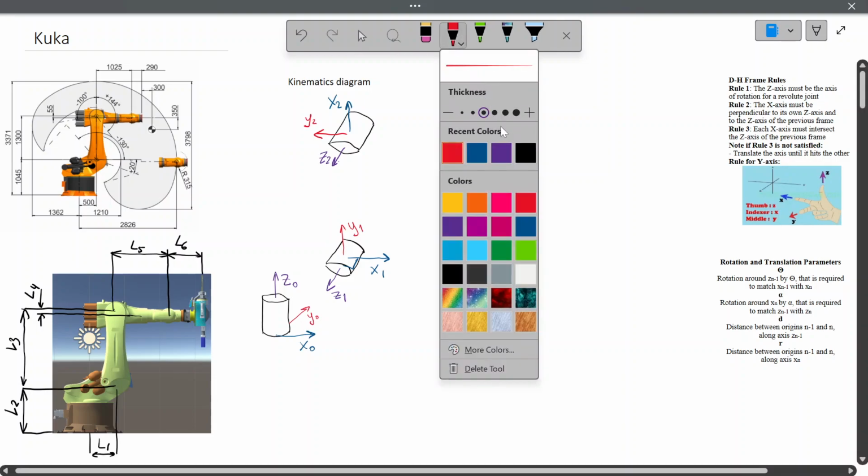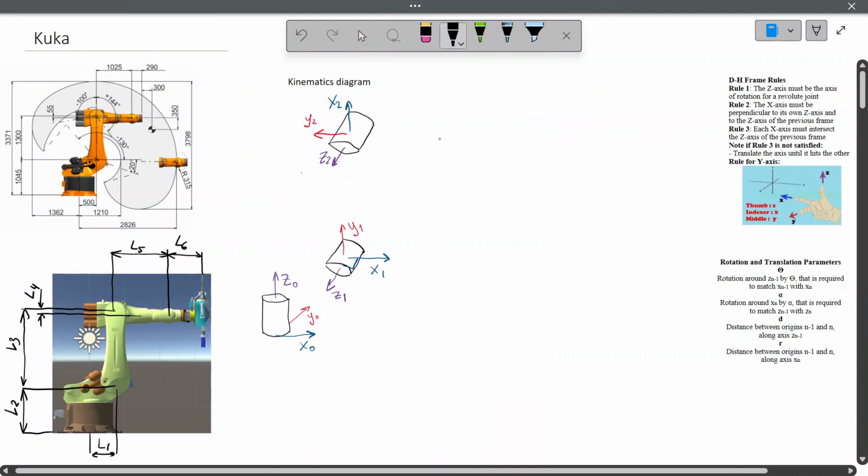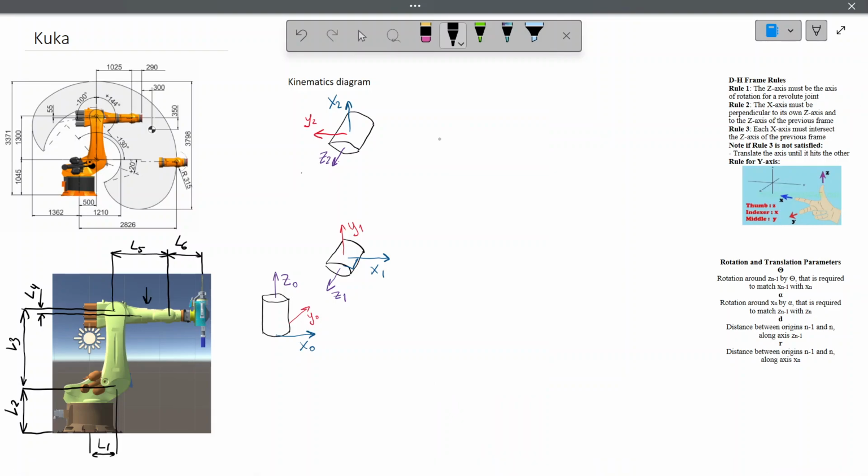Next, we move to the next joint. Our joint is here. This is our next rotated joint, and it rotates this way. Here it has this offset L4, and also it has some offset from this point.